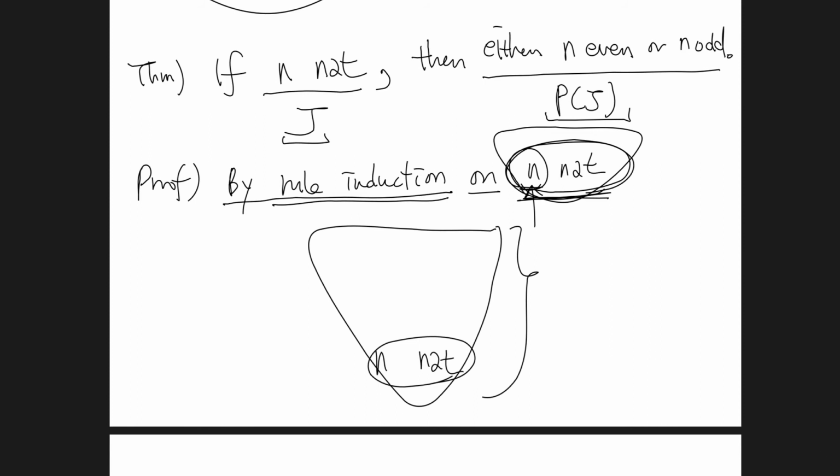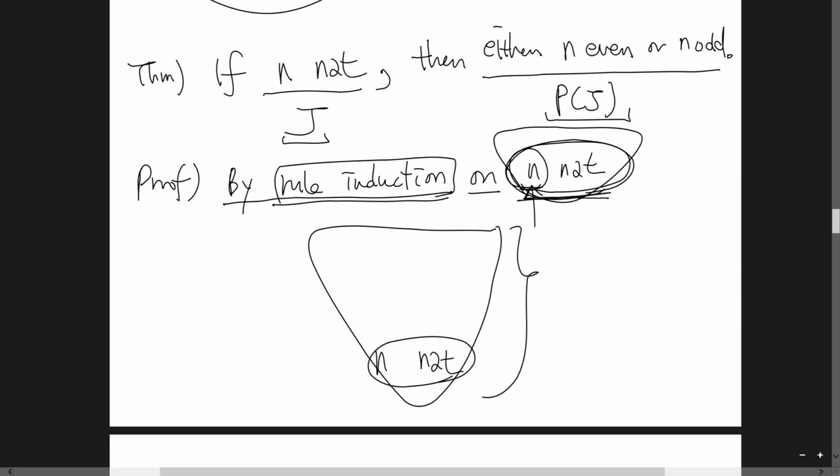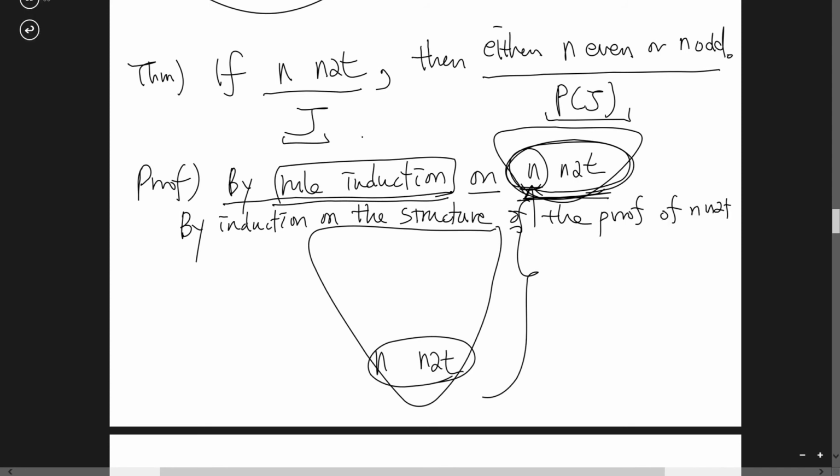So some people prefer a different phrase. Instead of saying rule induction, they want to write by induction on the structure of the proof of n nat. And this thing basically means the derivation tree.